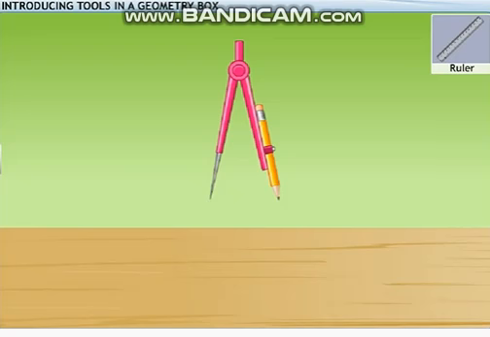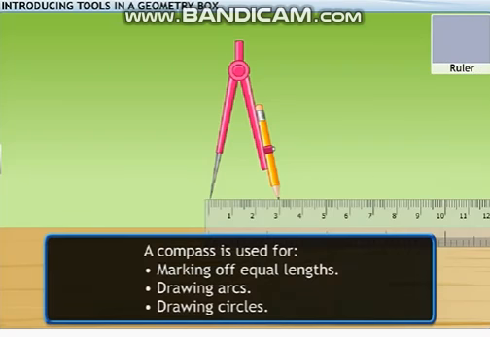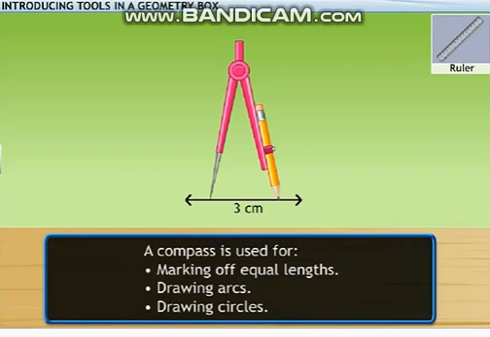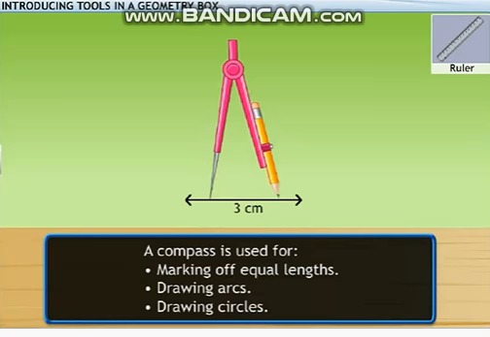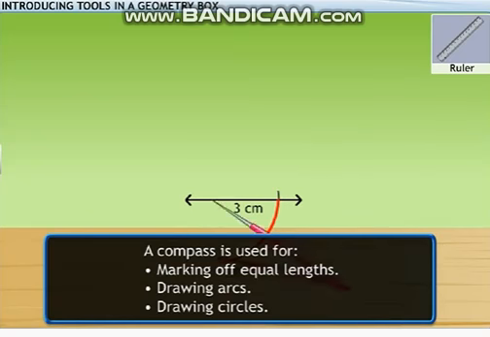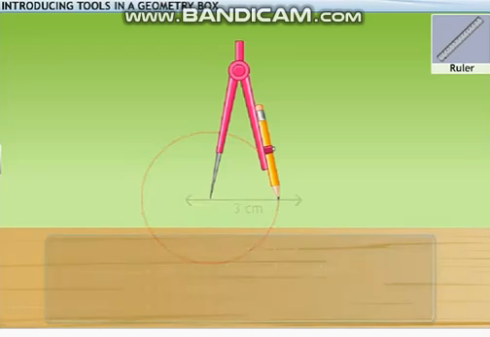The basic use of this tool is to mark off equal lengths, like a ruler. However, ideally, a compass is not used to measure lengths. The other uses of a compass are to draw arcs and circles. The required length can be set by adjusting its 2 ends.